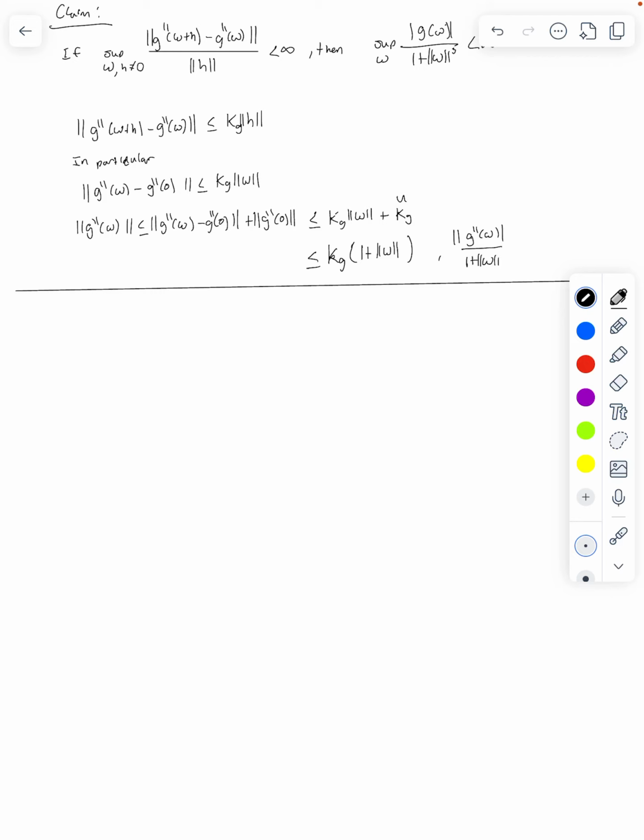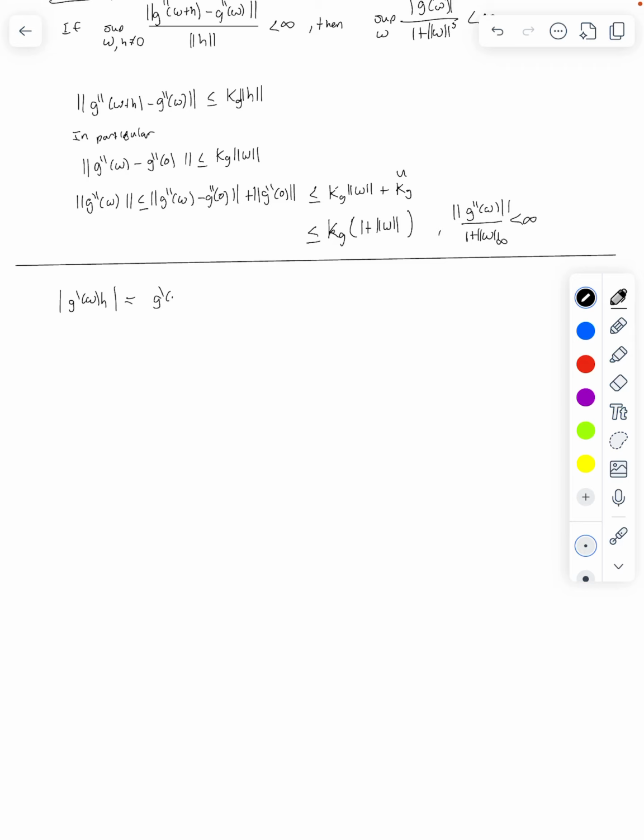And in fact, because this is mapping into the real line, this is in fact a linear functional. Okay, so what are we going to do? Well, we're going to do basically the same trick. So we're going to say this is g prime of w h minus g prime of 0 h plus g prime of 0 h.